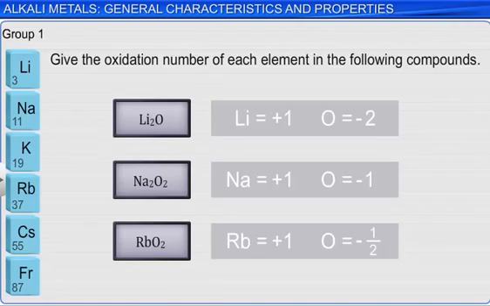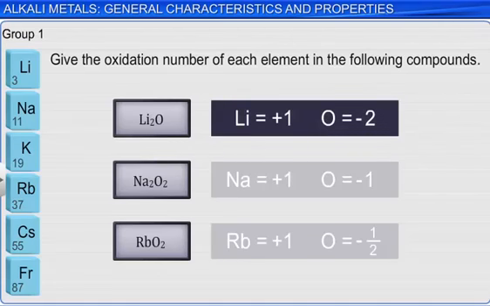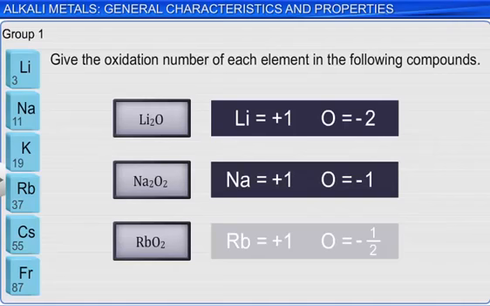For lithium oxide, since each lithium ion must have an oxidation number of +1, the oxygen ion must have a charge of -2. Using similar logic, since each sodium ion has an oxidation number of +1, each oxygen in the peroxide ion must have an oxidation number of -1.